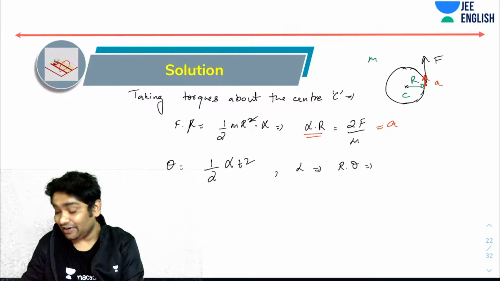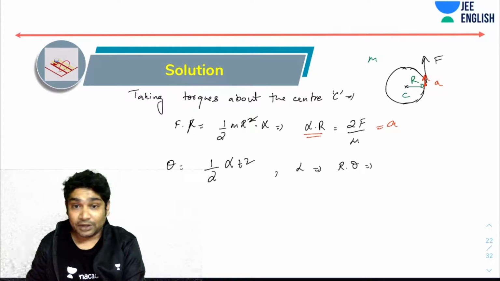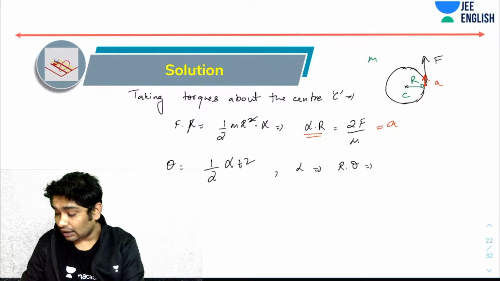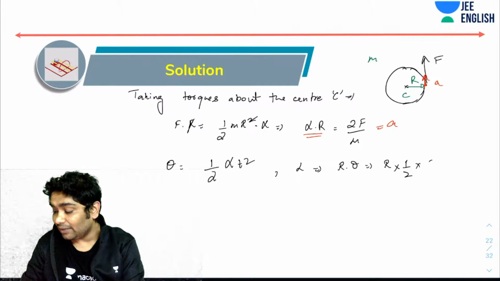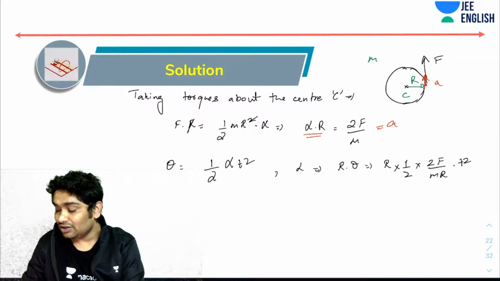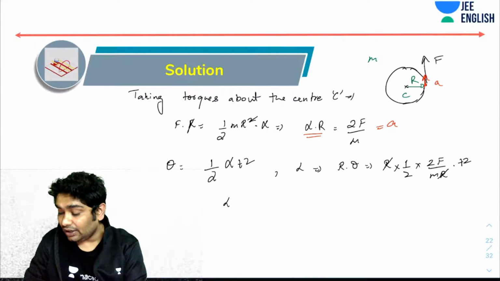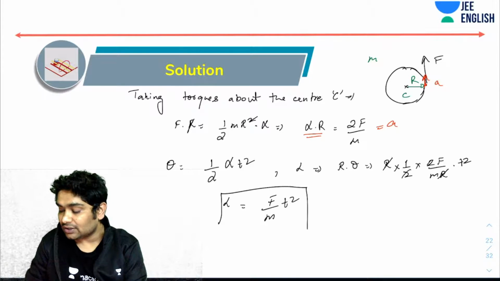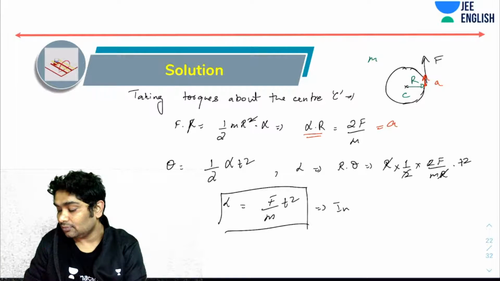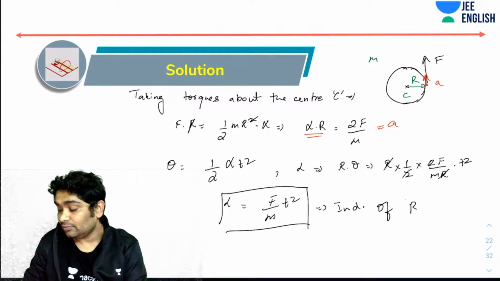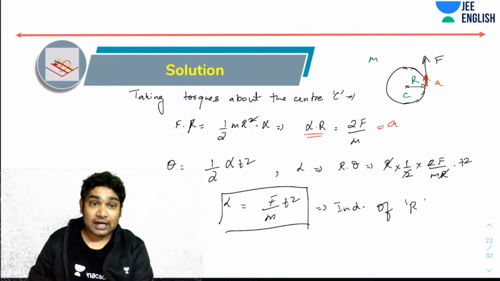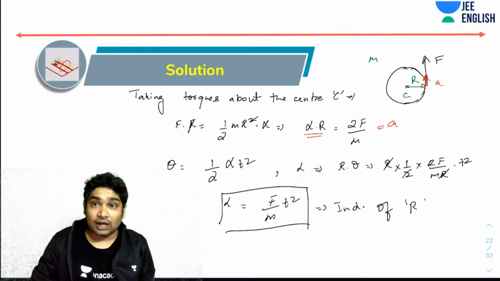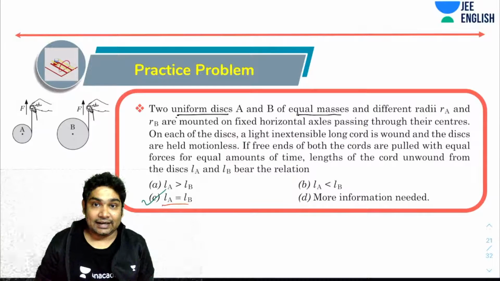So this should be R into 1 by 2 into alpha, which is 2F over MR, times t squared. So you will realize that the length unwound would be F by M t squared in time t, independent of your radius. As long as F and M are the same, you would have had the same lengths unwound, correct? So C is the correct answer.